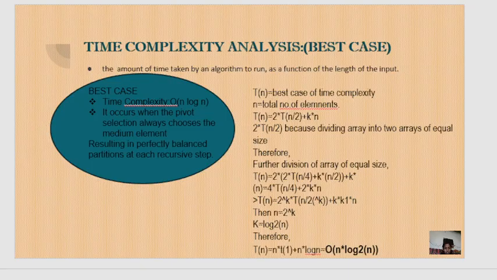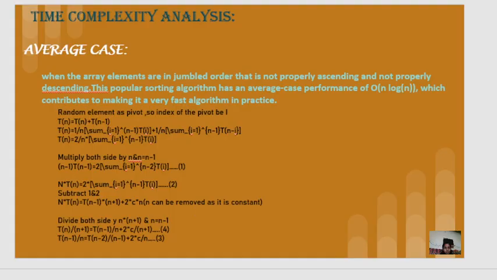Next, these are the steps you can go through to see how it has been solved. Then coming to the average case, when the array elements are in jumbled order, not properly ascending and not properly descending, this popular sorting algorithm has an average case performance of theta of n log n, which makes it a very fast algorithm in practice.